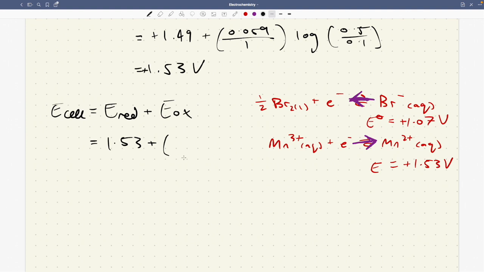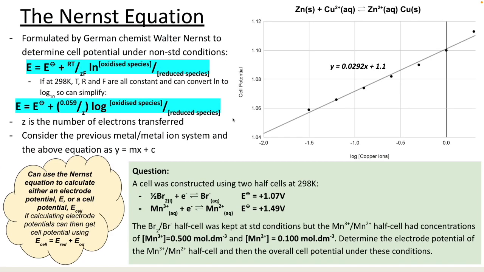To get the oxidation potential, we've got to flip the sign because we're going in that reverse direction there. And that's going to give us a value of 0.46 volts, plus 0.46 volts. So there you go, we had our half cell under non-standard conditions, and then we used that to get the overall cell potential to give us our answers there.